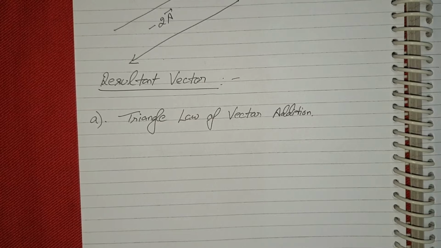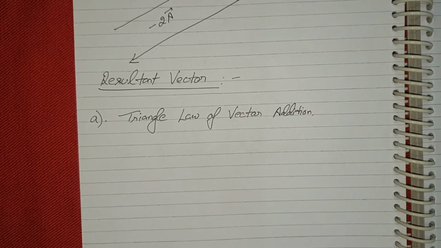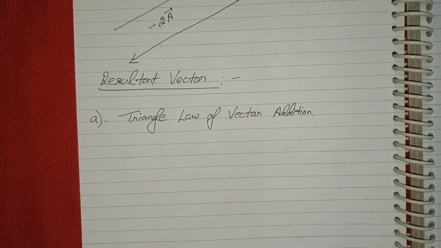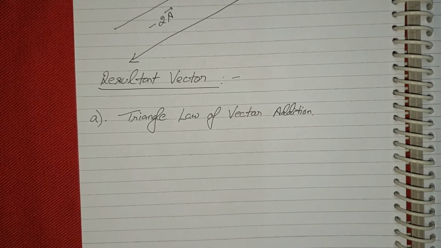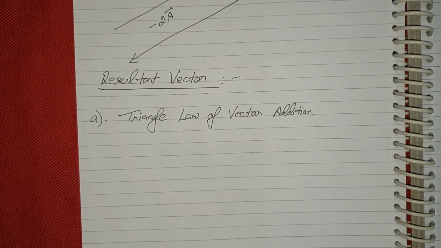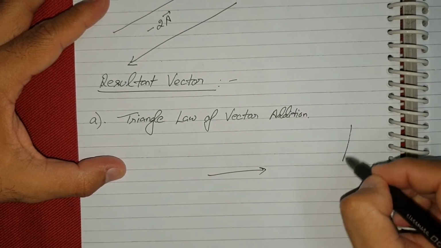The triangle law of vector addition states that if two vectors acting on a particle at the same time are represented in magnitude and direction by the two sides of a triangle taken in one order, then the resultant vector is represented in magnitude and direction by the third side of the triangle taken in the opposite order.